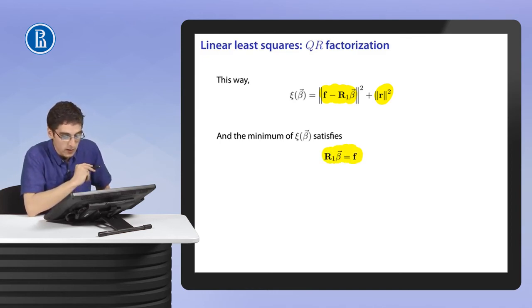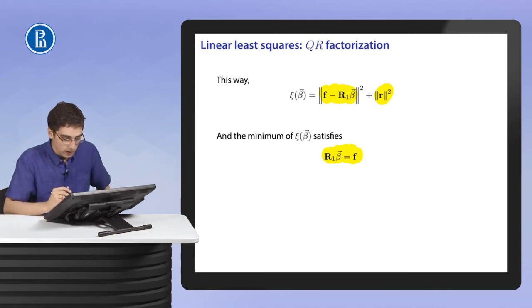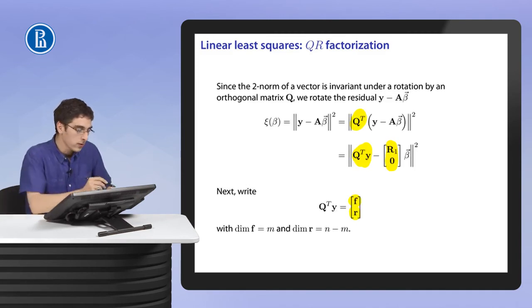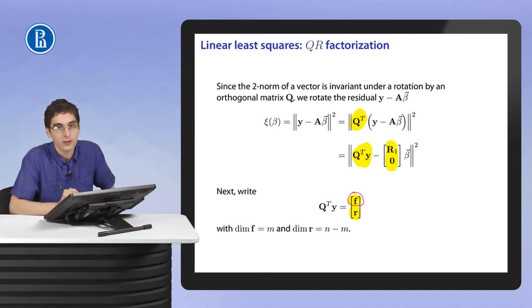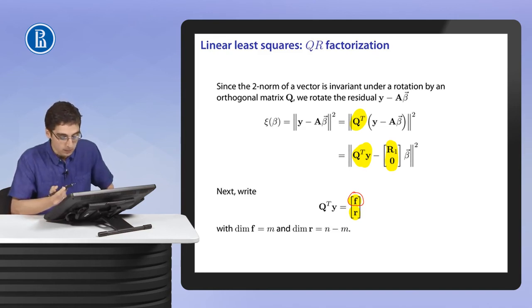And what is what here? So f is the upper part of the observation vector rotated by Q, and Q is the orthogonal part of our design matrix. So this f involves both observation points and independent variables.